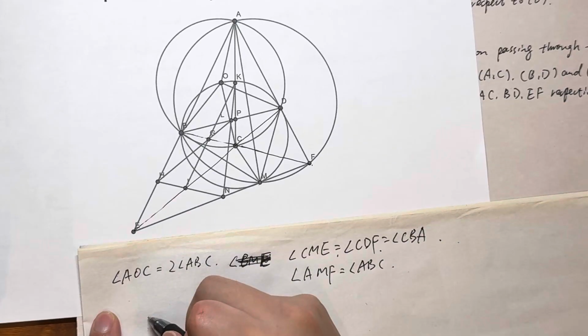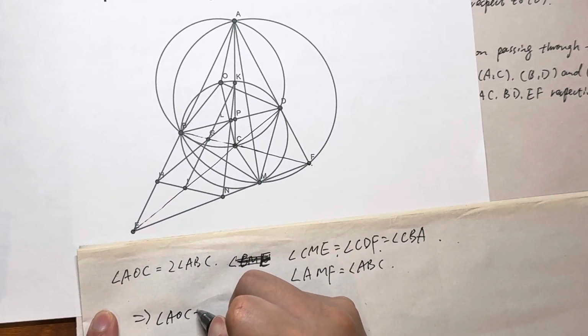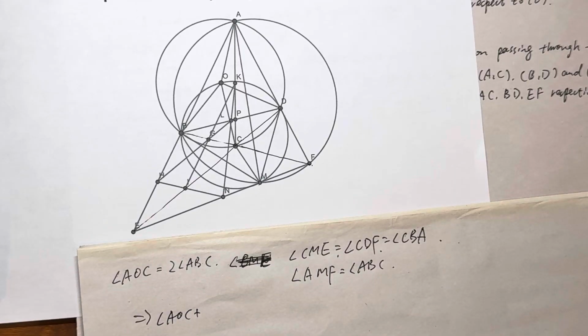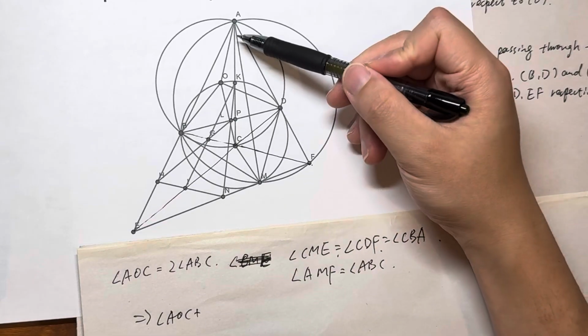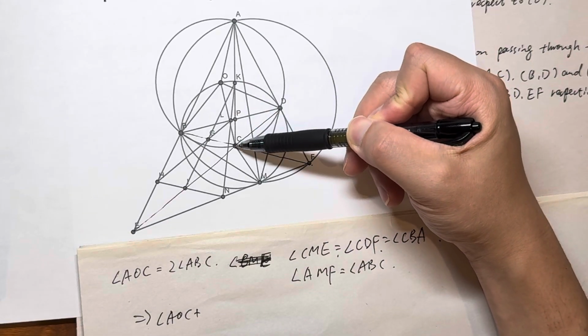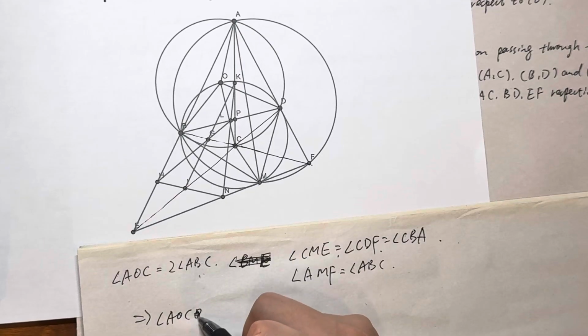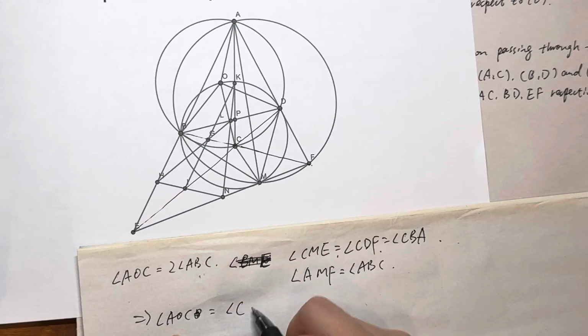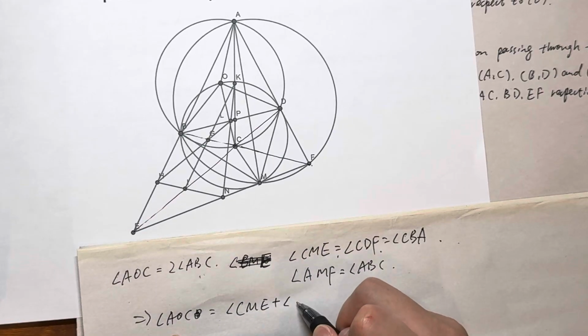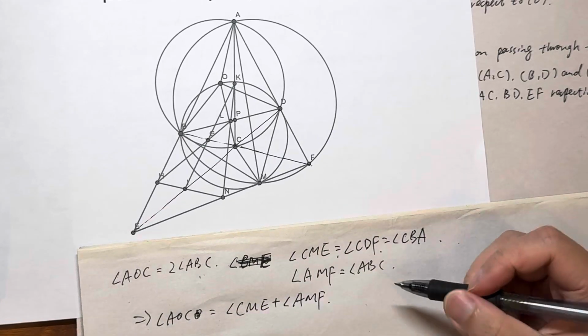That means angle AOC, this is angle AOC here, is twice angle ABC, which can be rewritten as angle AOC is angle CME plus angle AMF, right?